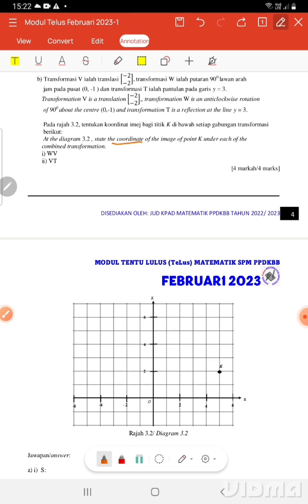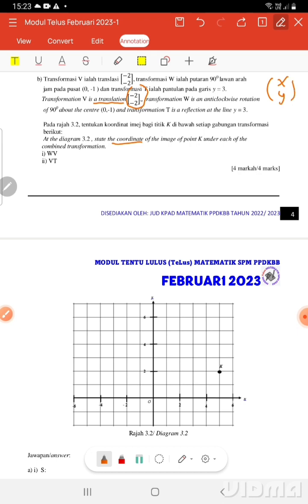Okay, so we do the first one first, WV. So WV, we know that we must do V first followed by W. So V is a translation, and our object is K. So translation -2. Remember, for translation, the first one is for X axis and the second one for the Y axis.